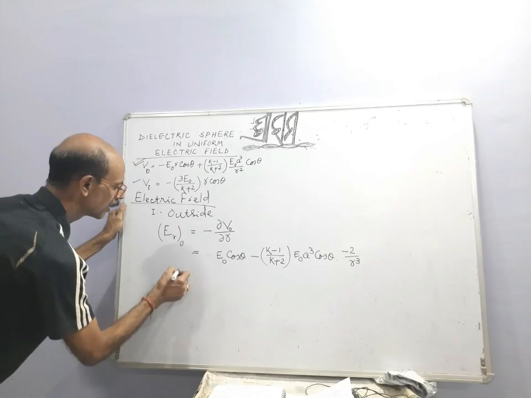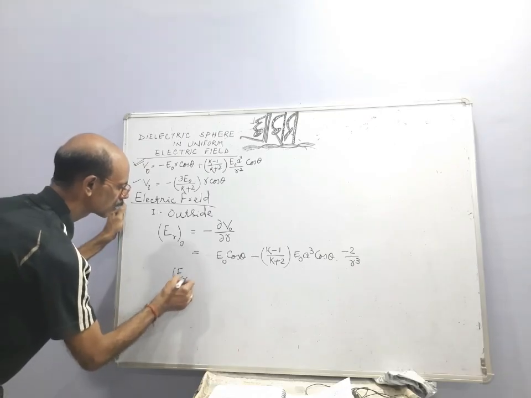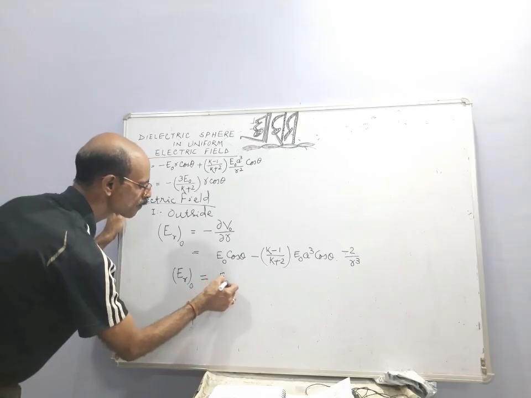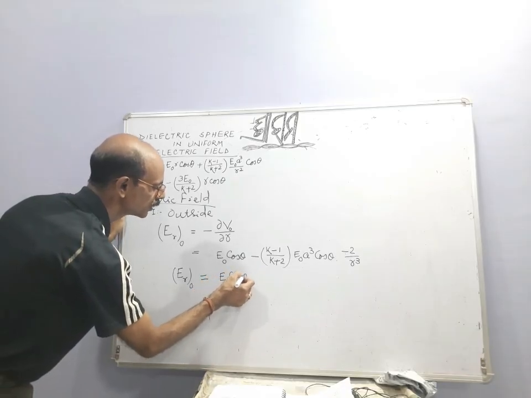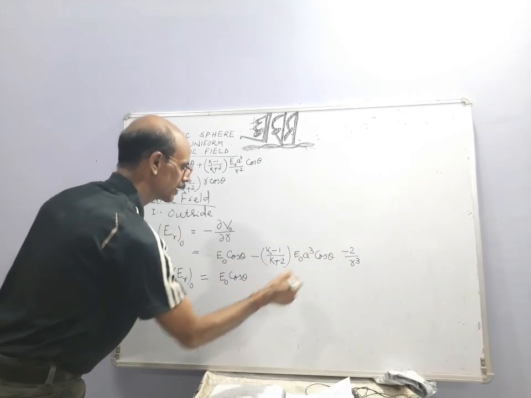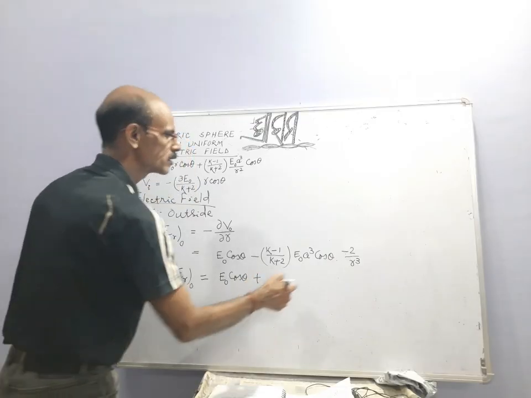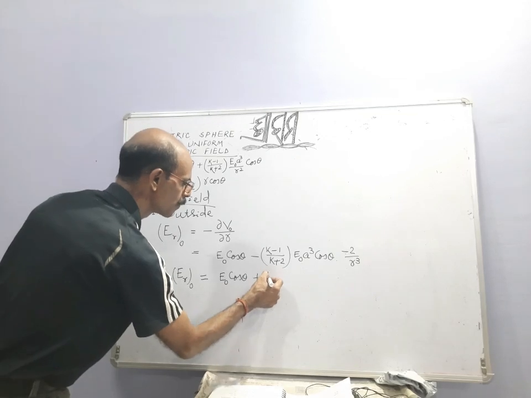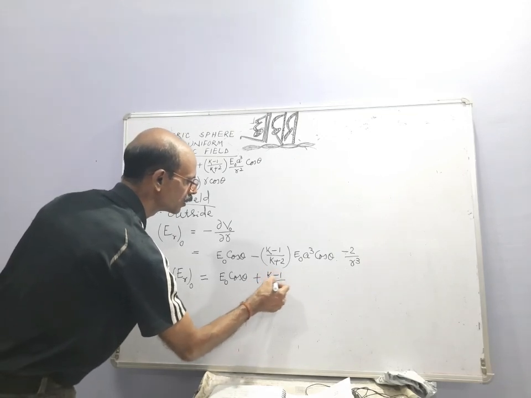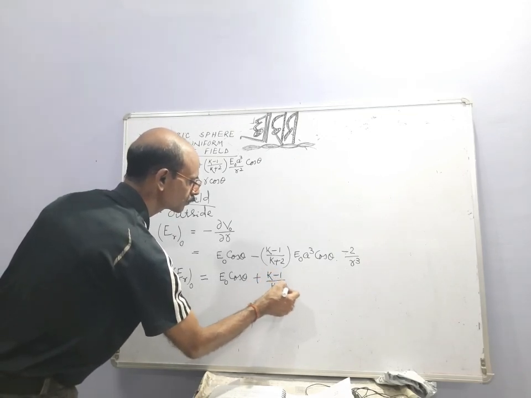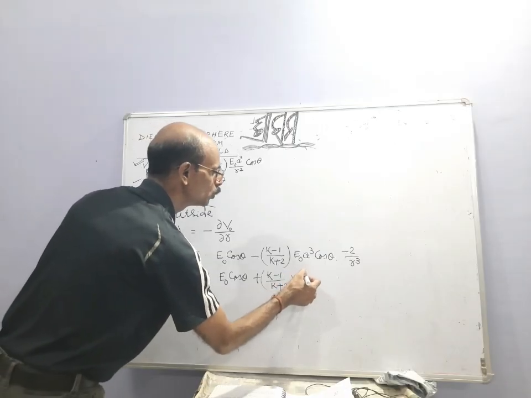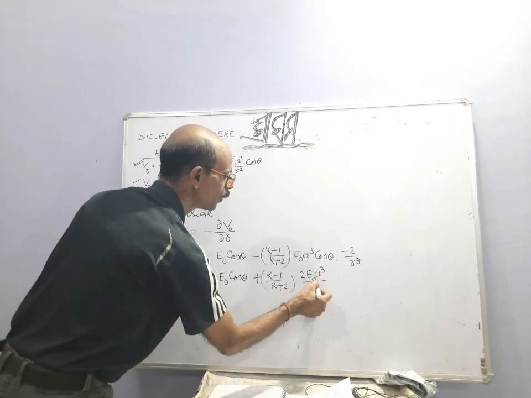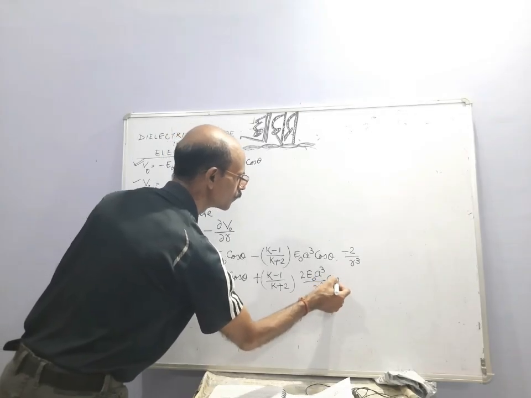Hence we have E_r outside is equal to E0 cos theta. This minus and minus become plus, and 2 will be multiplied here. So (k minus 1) by (k plus 2) 2 E0 a cube by r cube cos theta.